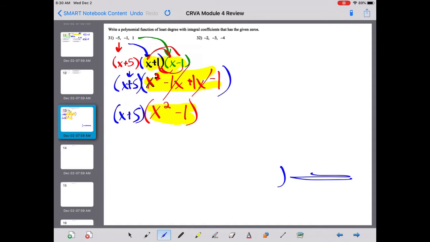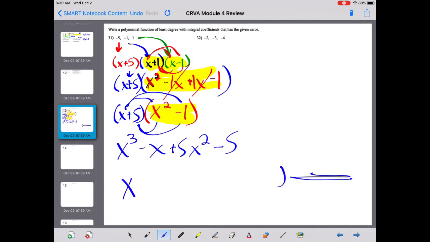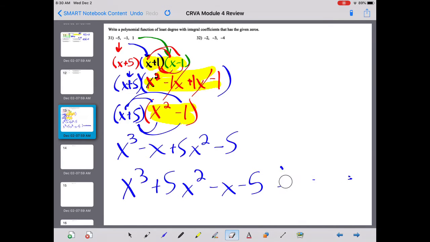So when you have a third term in there, it's going to make a little more work for you, but you can handle it. So we get x to the third minus x plus 5x squared minus 5. And now let's write this in standard form, or at least when you do your multiple choice test, it will be written in standard form because that's what we do. And there you are. There is number 31.